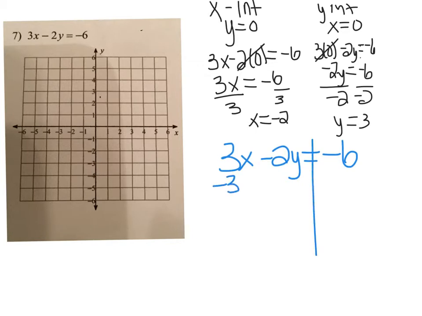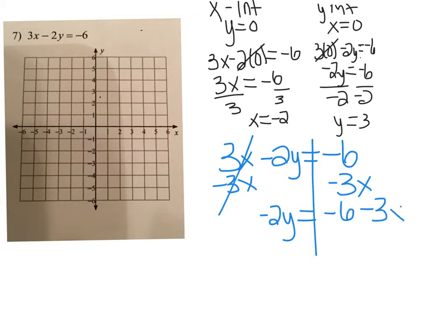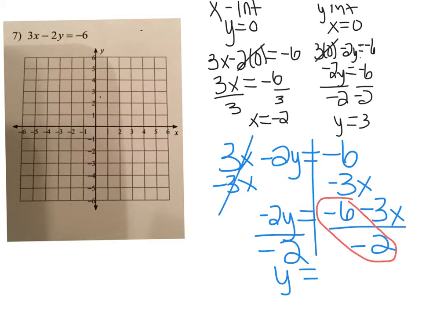So I'm going to subtract my 3x on both sides. Negative 2y equals negative 6 minus 3x. And the y is being multiplied by a negative 2, so I'm going to divide everything by negative 2, both pieces. So y equals, if you do negative 6 divided by negative 2, it's going to get me a positive 3. And then you also have to do the negative 3 divided by the negative 2. That's going to get me a positive 3 over 2x.